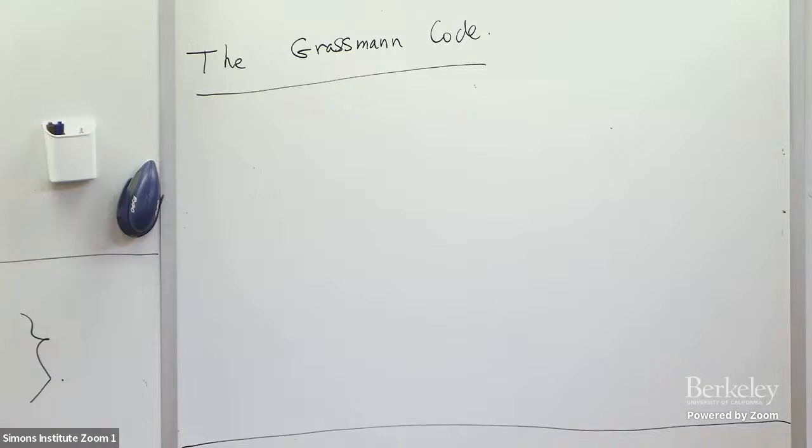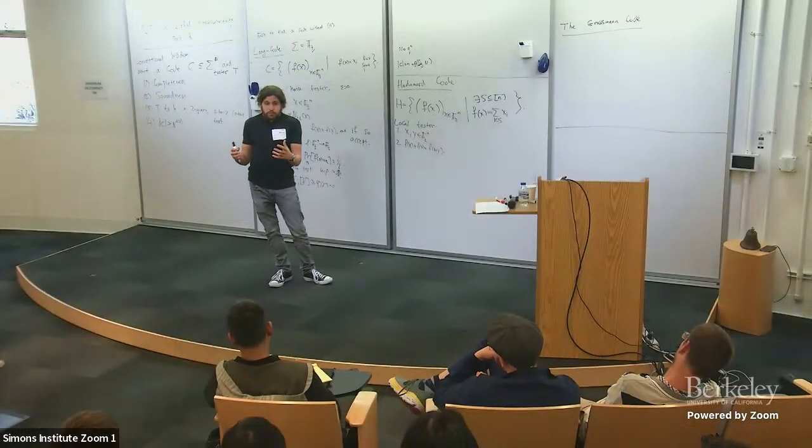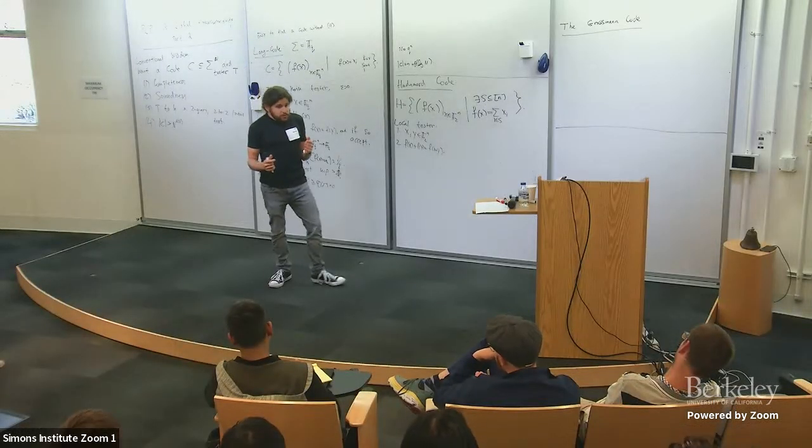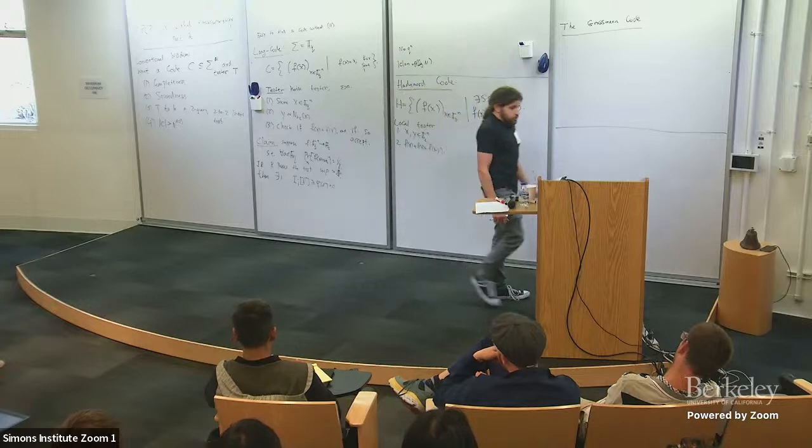In the Hadamard code, you have a linear function and you spell out the values of this function on all of the points of the space. But you might as well also specify the restrictions of f to subspaces and so on, which give you more information. Because it's more information, maybe you can do smarter tests. And this is precisely what the Grassmann code is.